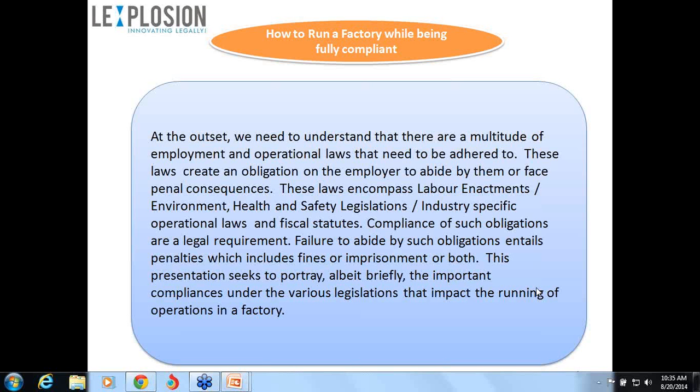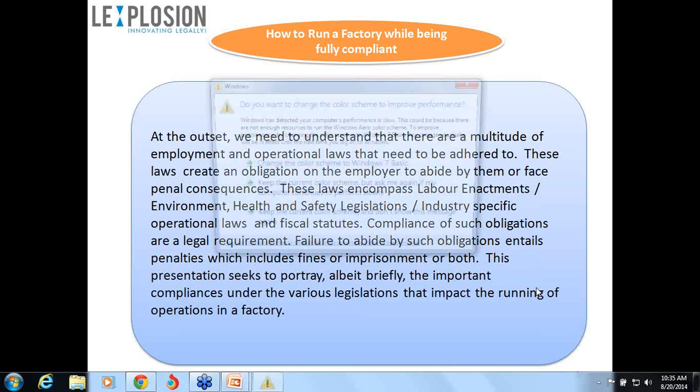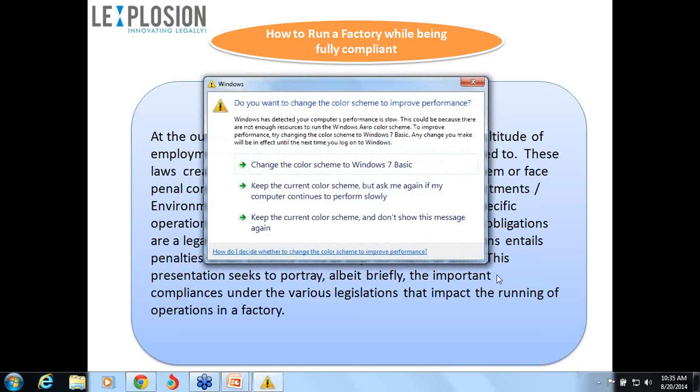So my endeavor would be, more than anything else, to enkindle your curiosity so that you would go deeper into the concerned legislation covering your industry, and try to understand it more deeply, so that you get a better hold of how these legislations will actually apply to your industry.